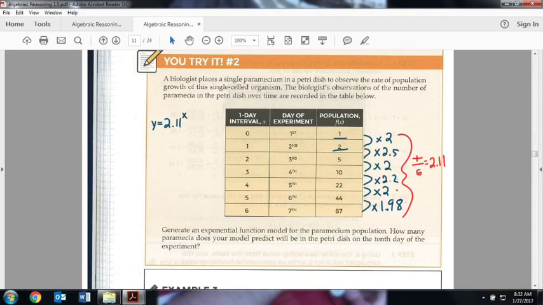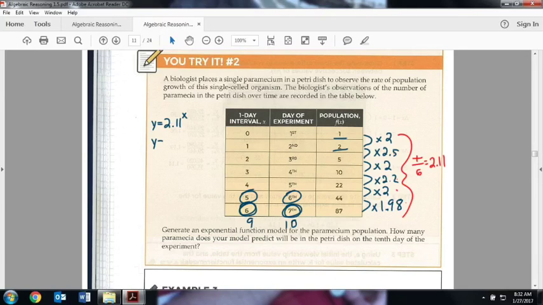And then they say, how many paramecium does your model predict will be in the petri dish on the 10th day of the experiment? Well, you'll notice the days are 1 more than the x value. So the 5th interval is x is 5 when the day is 6, x is 6 when the day is 7. So when the day is 10, x is going to be 9. All right?